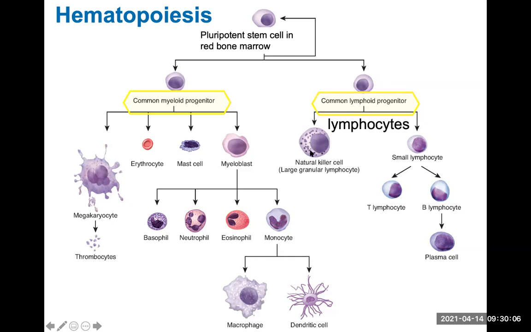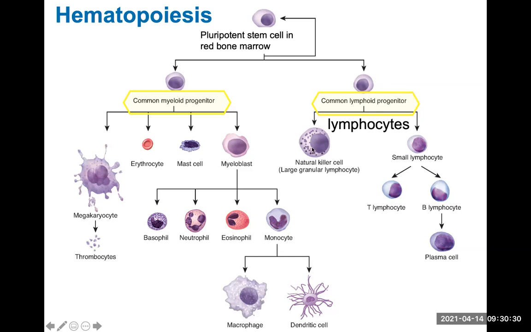But the natural killer cell would not be considered a lymphocyte. So these T and B cells are what we call agranular. And the natural killer cell, as you see depicted in this image, has large granules.